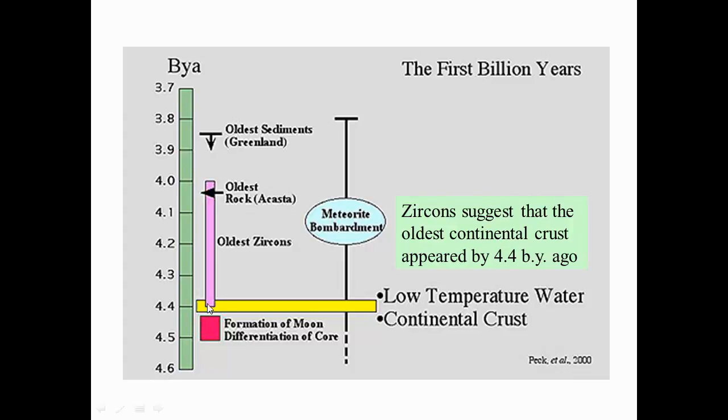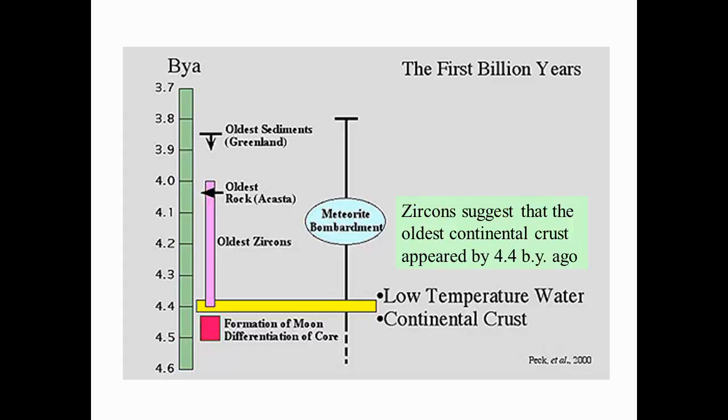Now, if we take the age of the oldest zircons that have been found to date, about 4.4 billion years ago, this is an estimate of the oldest continental crust on Earth. Unfortunately, we do not find relics of this continental crust. It's long gone, but the presence of these zircons tells us that this crust once existed.